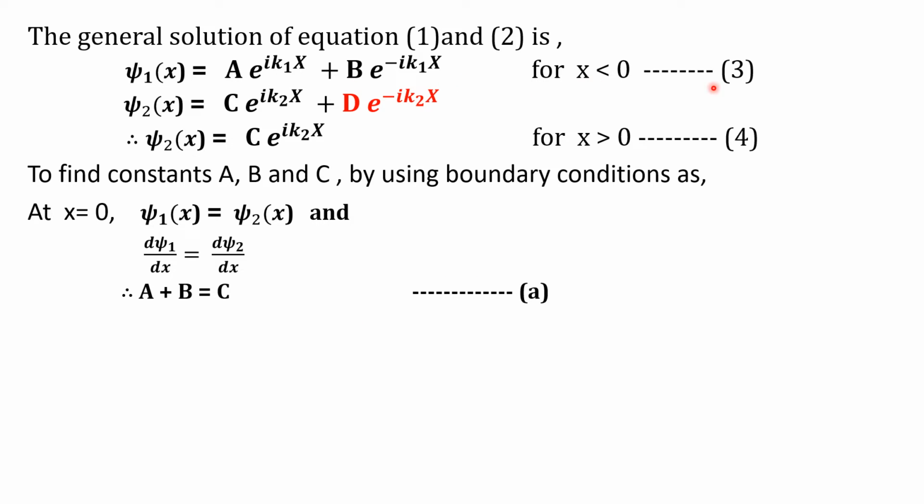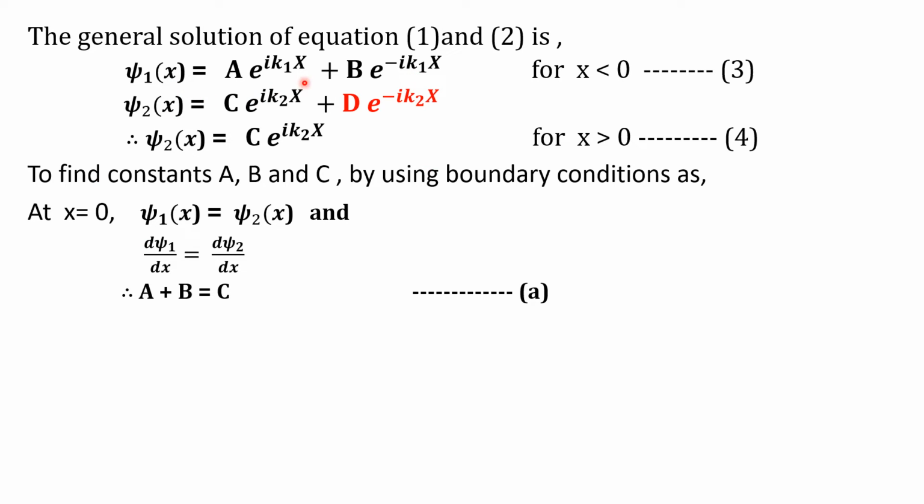From equations 3 and 4, the first condition we apply is psi 1(x) equal to psi 2(x) at x equal to 0. If x is 0, exponential 0 is 1. The second term is also exponential 0, which is again 1.